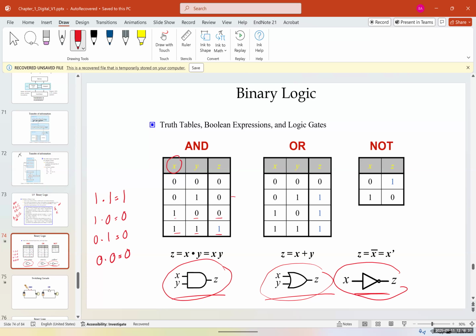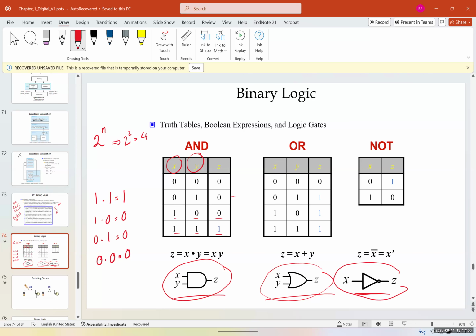How many inputs do I have? 2. So I would have 2 to the power of n, or in other words, 2 to the power of 2, I would have 4 possible combinations. 0 0, 0 1, 1 0, and 1 1. The answer would be 0 unless both of them are 1.